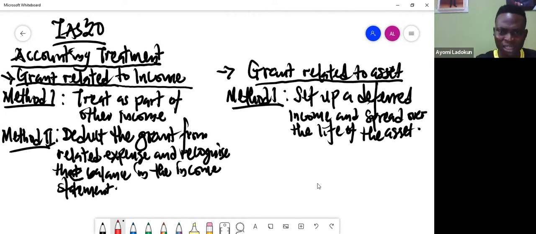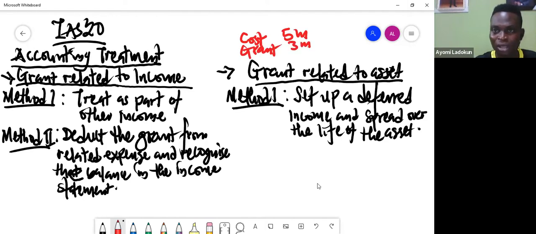So let me give an example so that you understand. Let's say the cost of the asset is 5 million, for example, and the grant is 3 million. Okay, let me change the figures to something I can use.